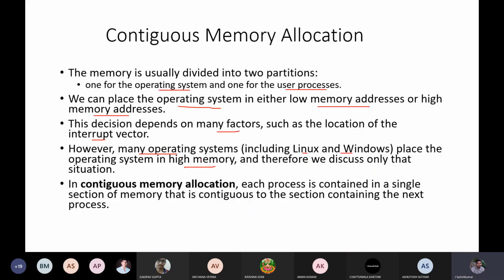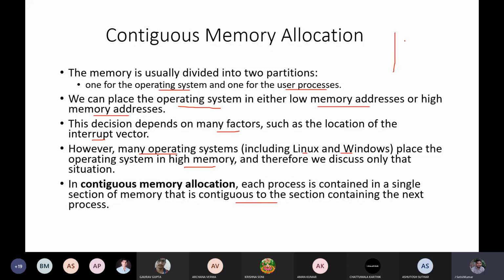However, it is observed that keeping it at the high memory is more efficient. So in continuous memory allocation, each process occupies a single section of memory, and the next section is for the next process.